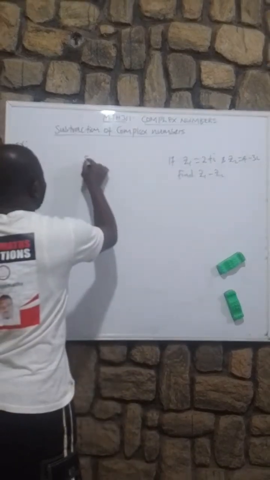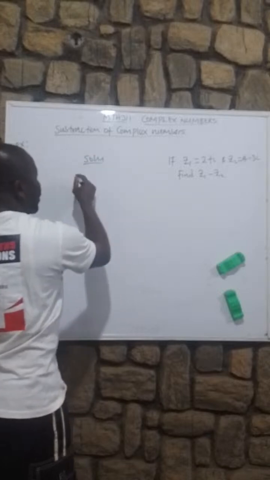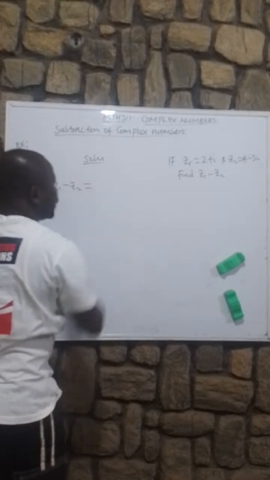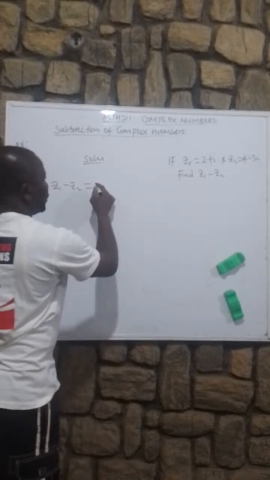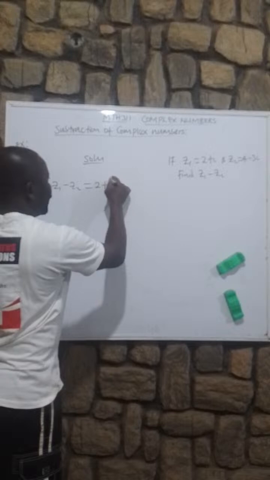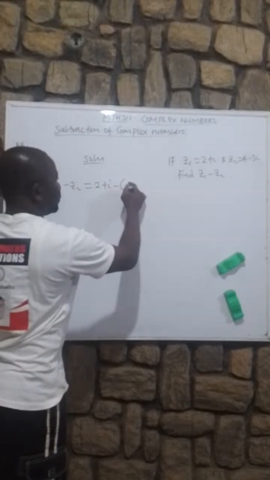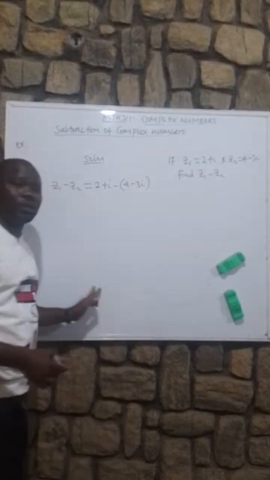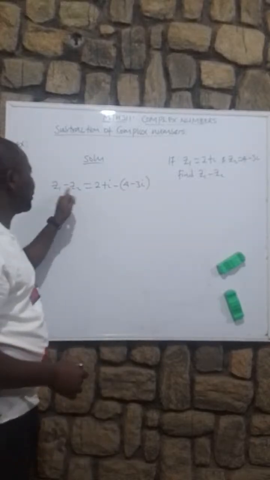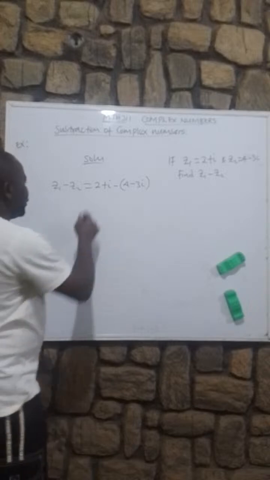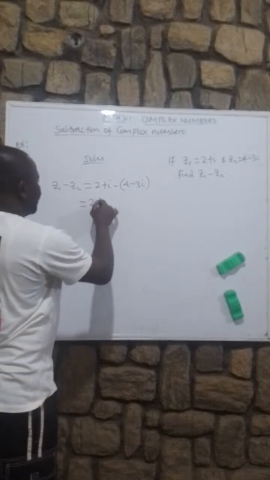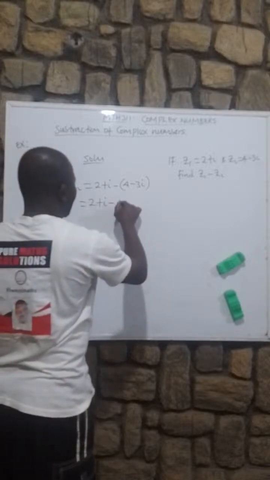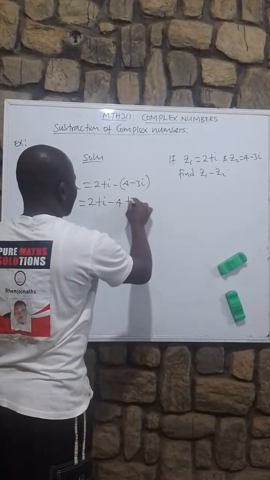Okay, right solution. So our Z1 minus Z2 is equal to 2 plus I minus open bracket 4 minus 3I. True or false? Because Z1 minus Z2. So here will now be equal to 2 plus I, open these brackets, minus 4 plus 3I.